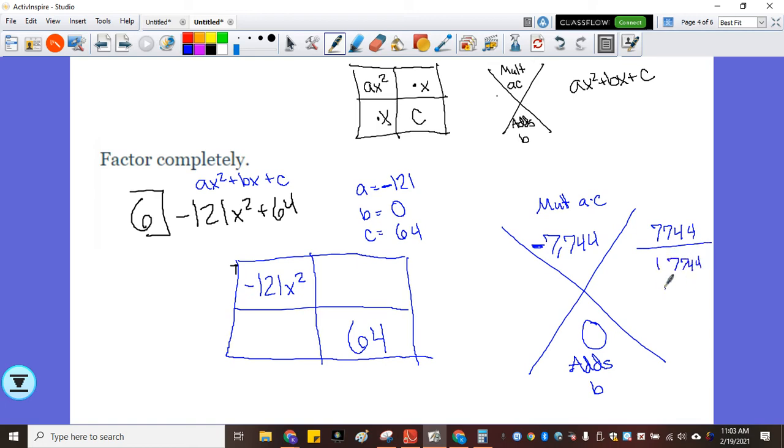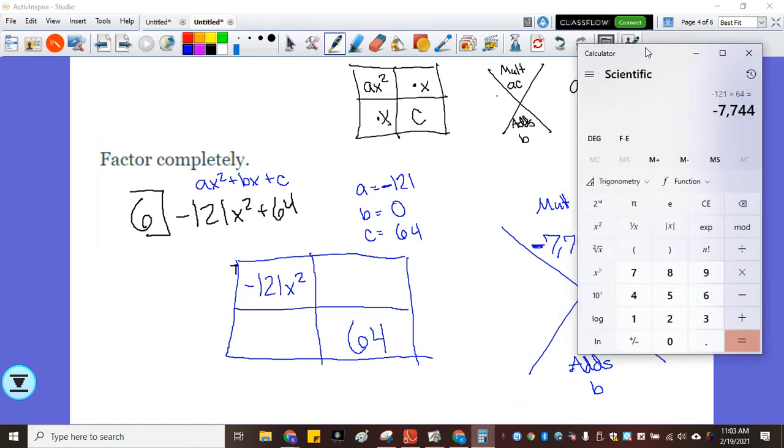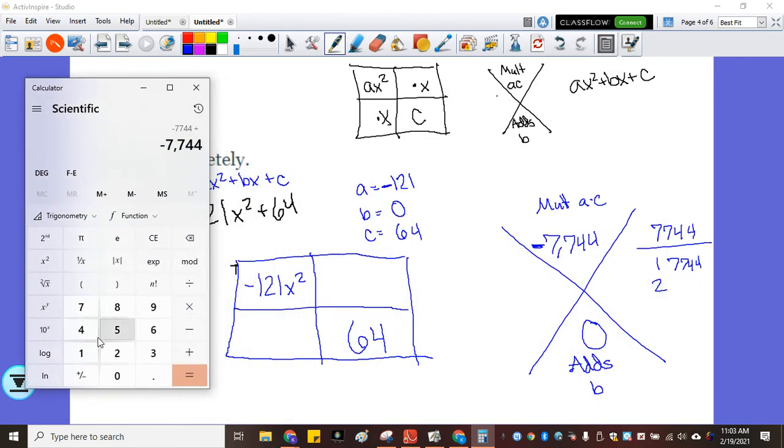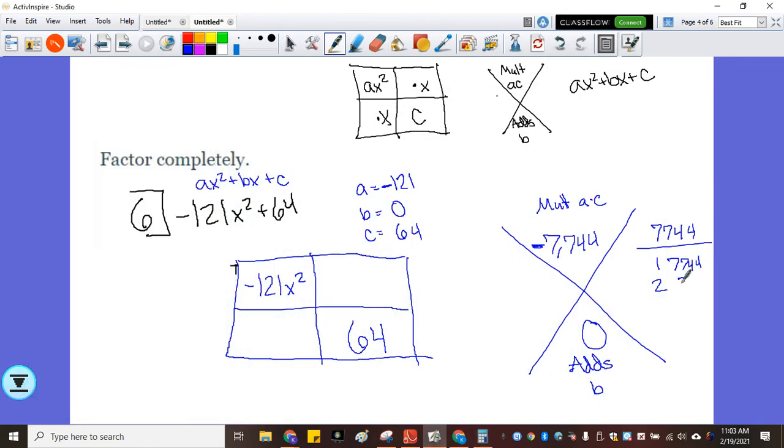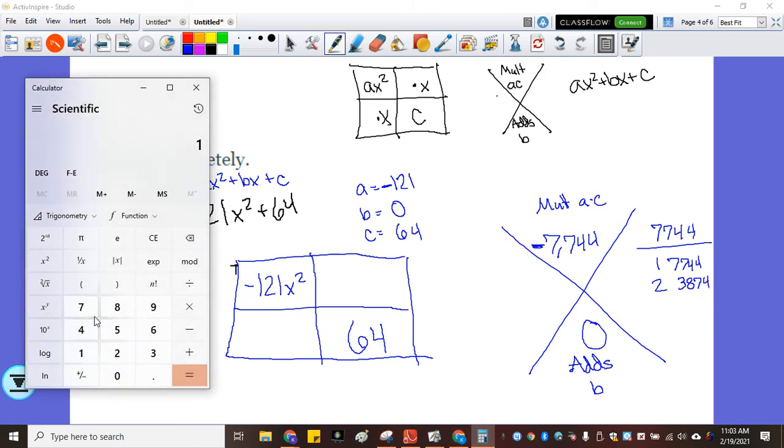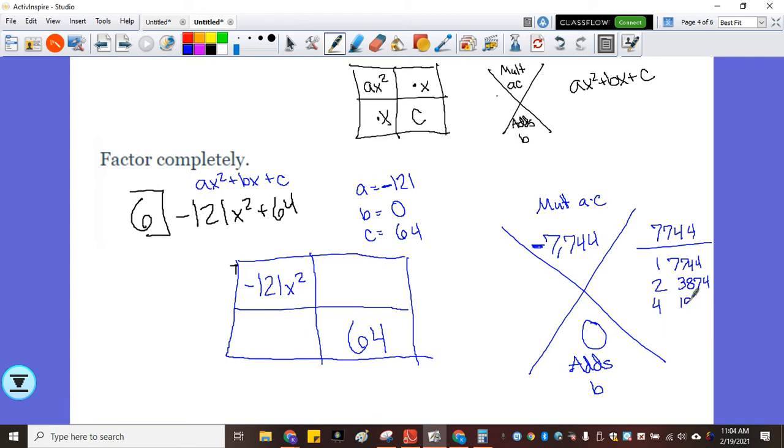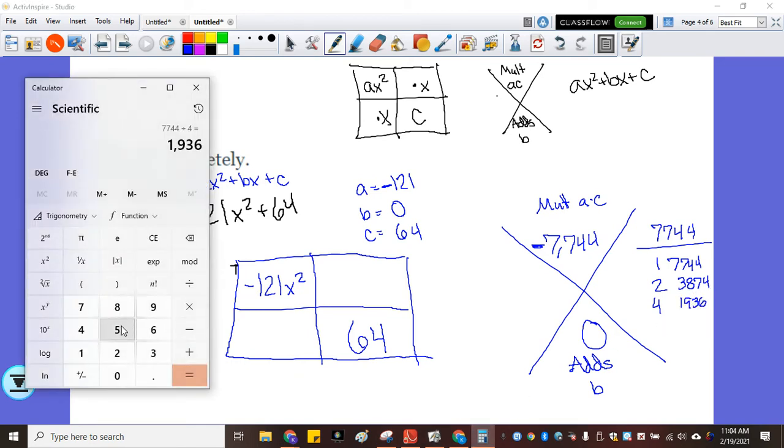It is tedious. 2. 3 doesn't work. 4, 1, 9, 3, 6. 7, 7.